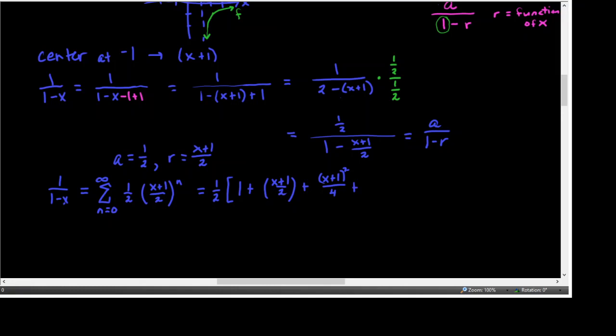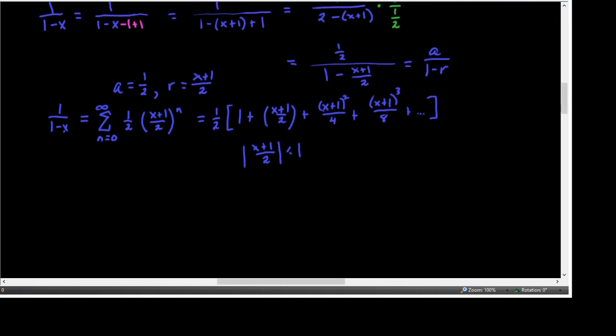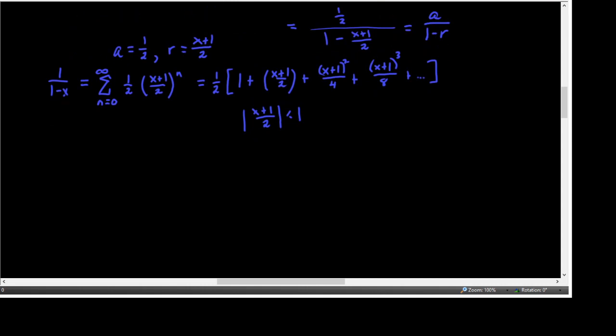Then put 3 in, and we'll get (x plus 1) cubed over 2 cubed, which is 8, etc. And that converges when the absolute value of r is less than 1. So that becomes the absolute value of x plus 1 over the absolute value of 2, which is 2.